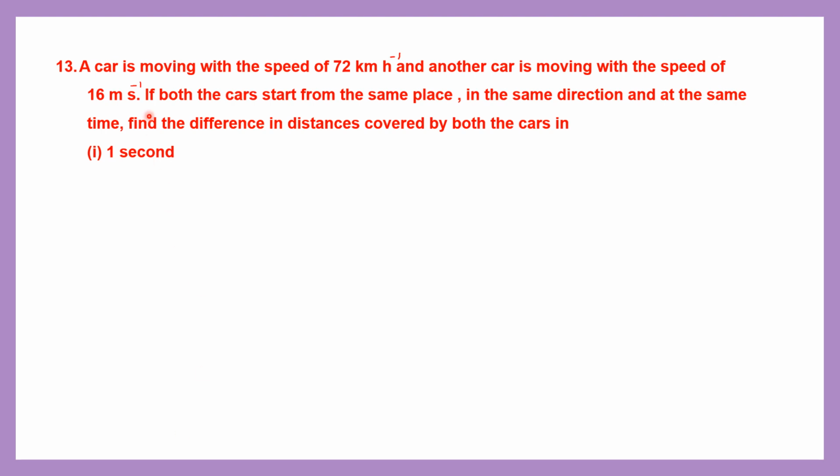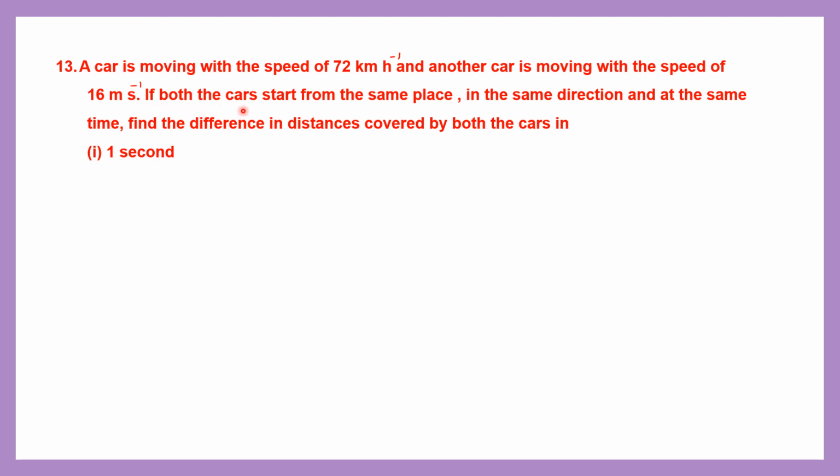Question 13. A car is moving with a speed of 72 kilometers per hour. We can also write per hour like this, h raised to the power of minus 1. And another car is moving with the speed of 16 meter per second. So this is moving at kilometer per hour and this is at meter per second.